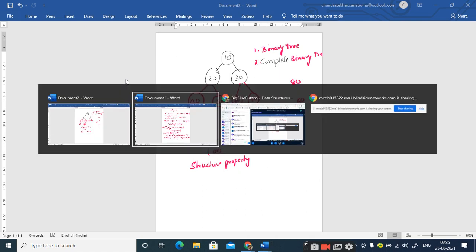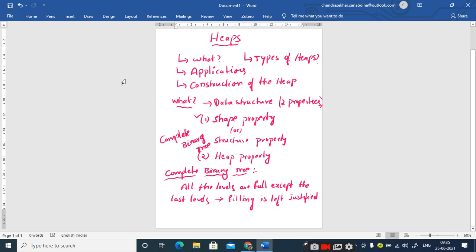And coming back to our second property, what is the second property we have? Heap property. This is very important, right? So heap property says, listen carefully, that the root node element should be greater than or equal to its child node elements.